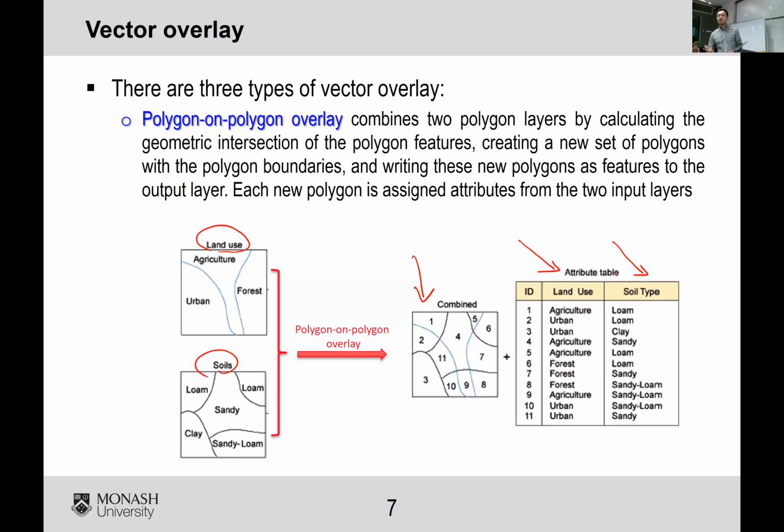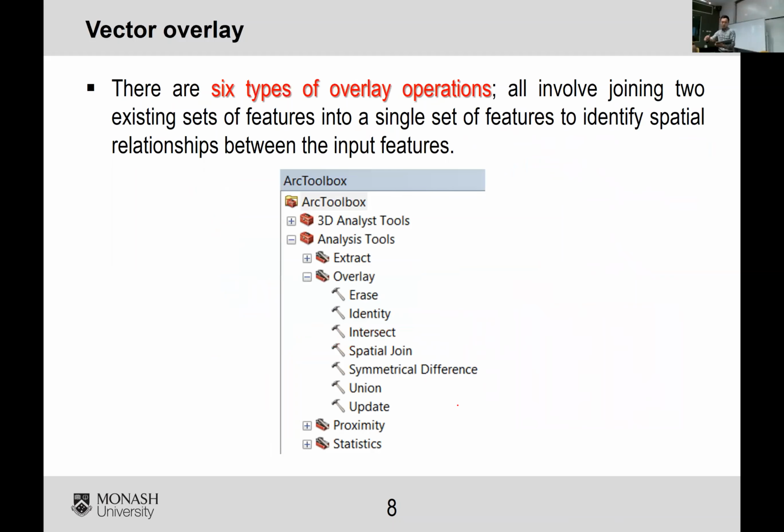And also, in many cases, the data layers may not overlap perfectly. So they may have different geometry, different extent. So what will happen if we overlay them together? So there are 6 types of overlay operations. All of them are trying to join 2 existing sets of features together into a single set.